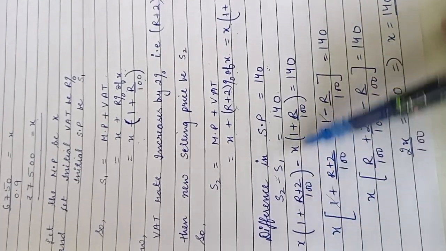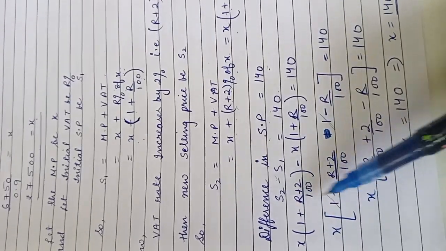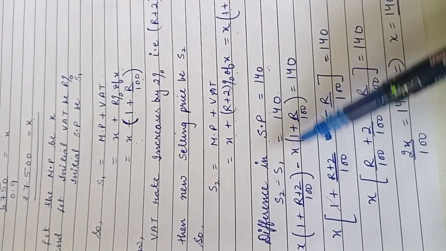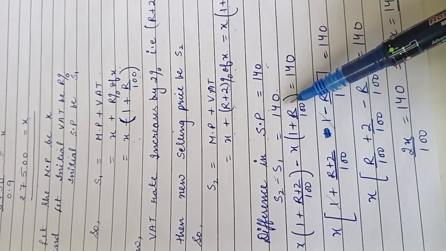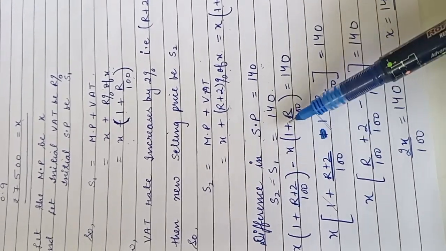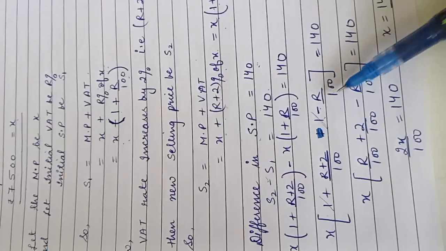Again there are two terms, first term minus second term, so we will take common x from both terms. Here it will be 1 plus (r plus 2)/100 minus 1 minus r/100. Minus plus will be minus, so minus 1 minus r by 100.